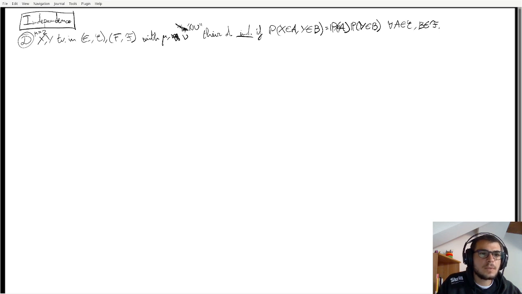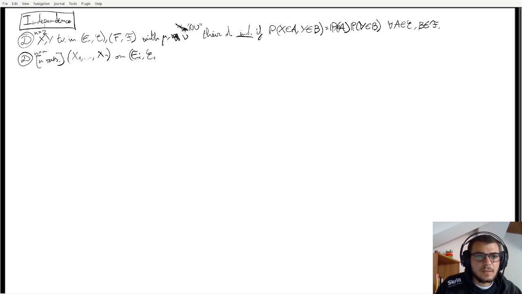Let's say, when we have n random variables, so consider X1, ..., Xn a collection of random variables defined on these measurable spaces, taking values on these measurable spaces for each Xi.